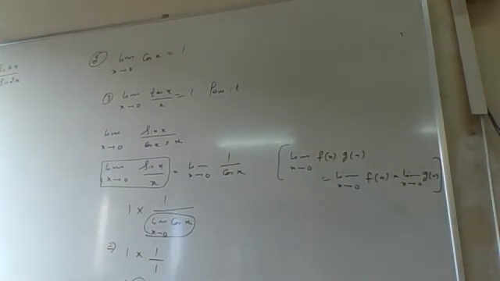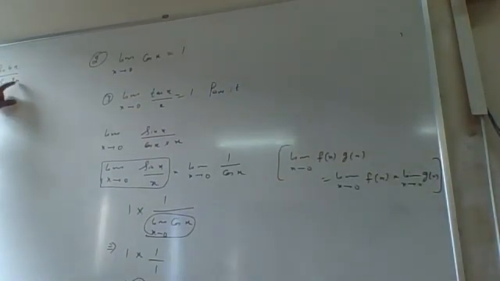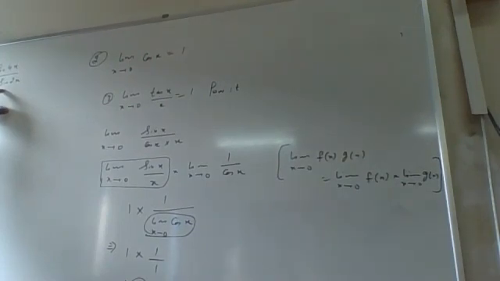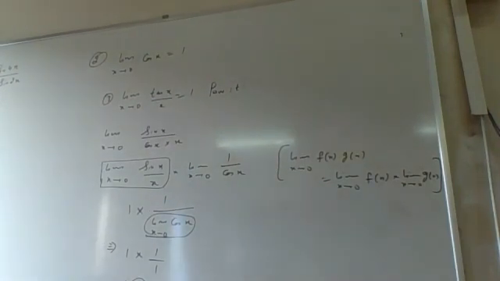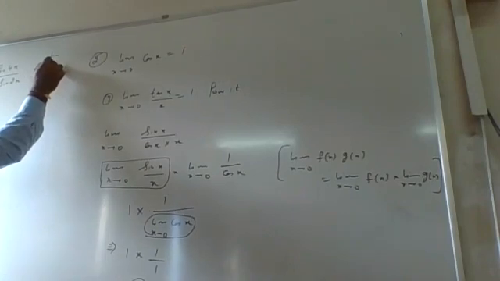If I directly substitute the value of x as 0, below is sin 0. What is the value of sin 0? The value of sin 0 is 0. So the denominator is 0 and it will be undefined. Syllabus, already 70% syllabus is over. So that means I have to take the help of the standard result.